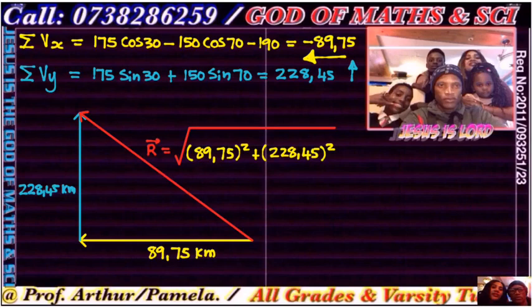We went even further, but anyway, it doesn't matter. So the square root of 89,75 squared plus 228,45 squared equals R. So the resultant, the R, becomes 245,45 kilometers.